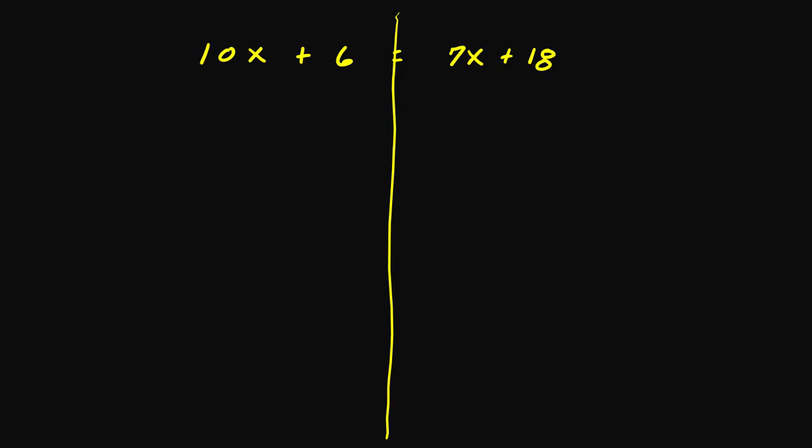Once we worked it down to its simplest form, this was the rectangle side, this was the triangle side, we got the rectangular equation down to one x term and one number term. We can't simplify that any further.